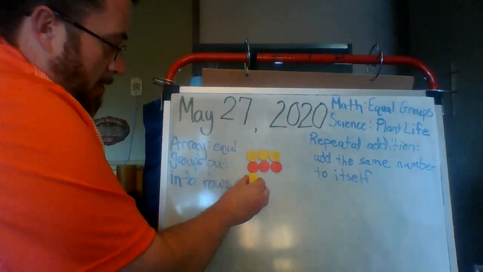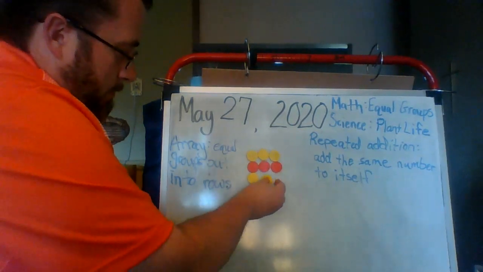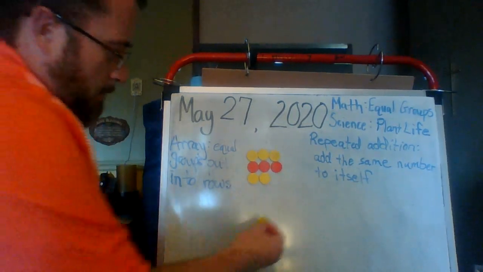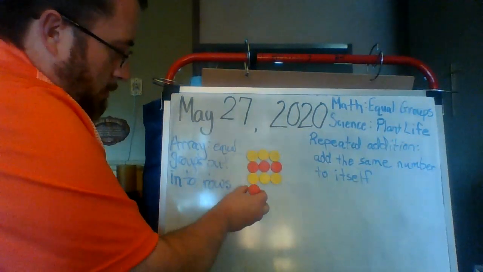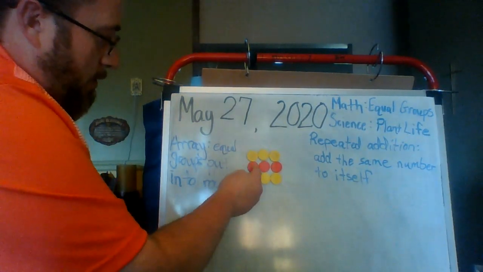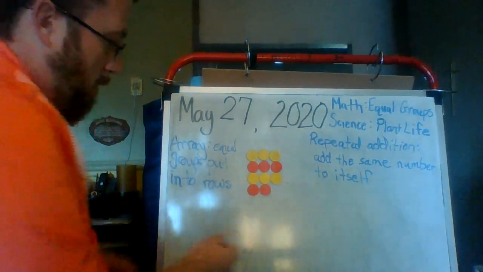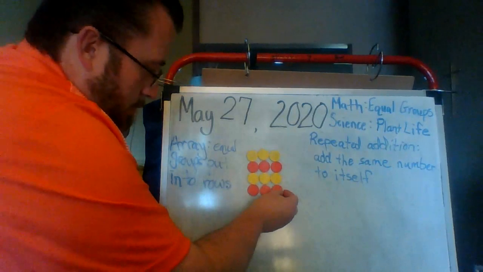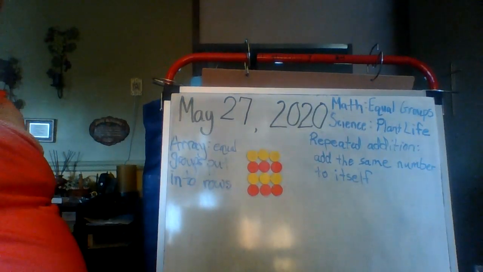And I can make my array as many rows as I want to make it. So far I have 1, 2, 3. I'm working on the fourth row of my array. And I think I'll make it even a little larger.